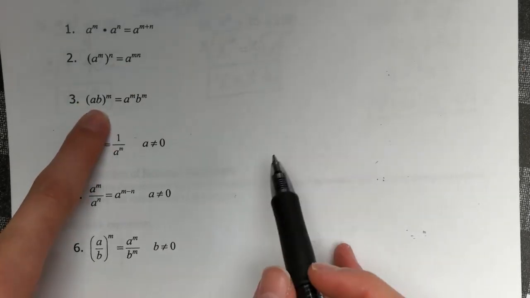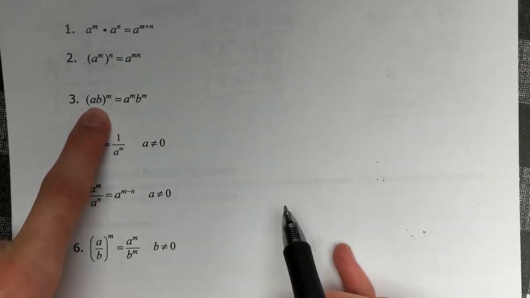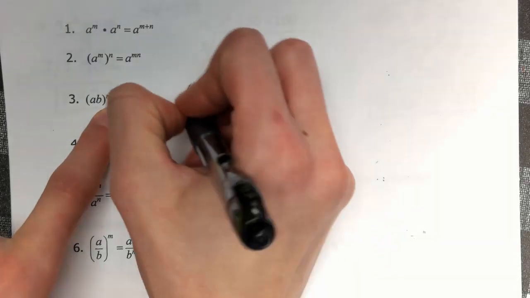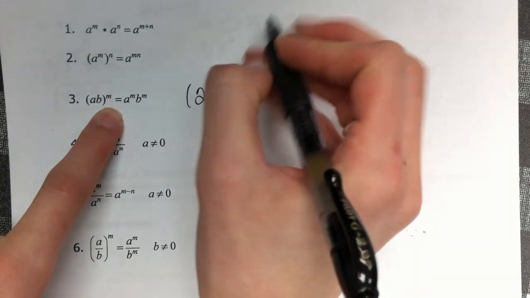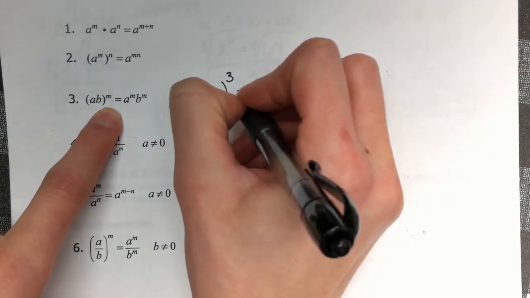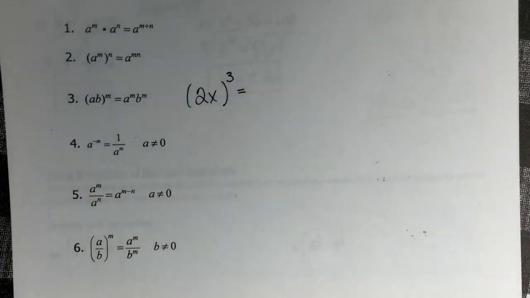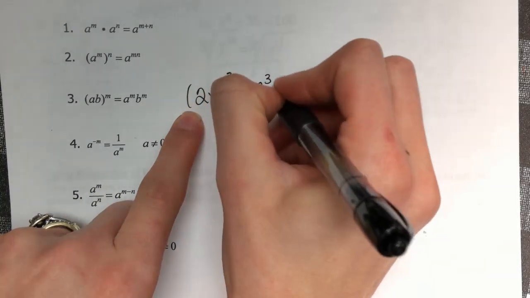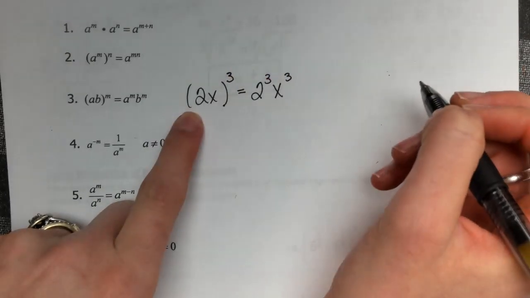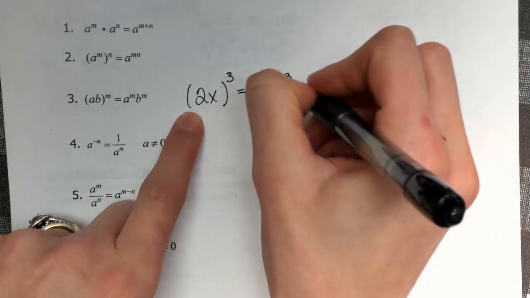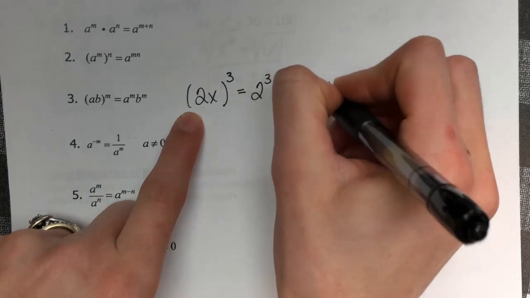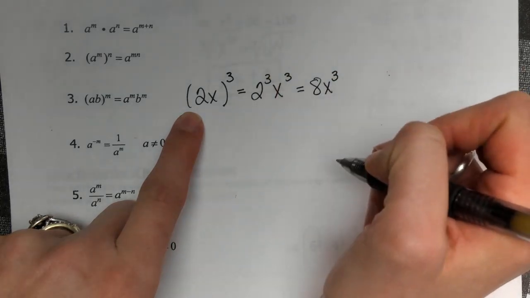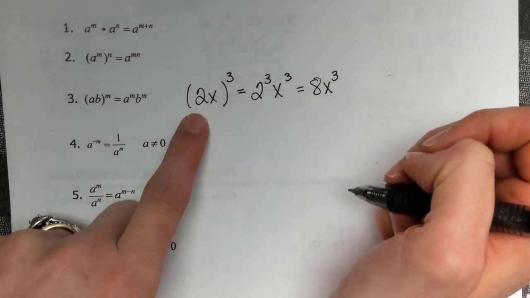If I have two terms inside parentheses, so if I had a 2x raised to the 3rd, some of y'all struggled with this when we were doing transformations, okay? You're going to do 2 to the 3rd and x to the 3rd. So that's going to give me 8x cubed, not 2x cubed.